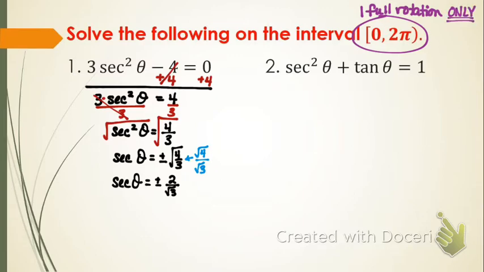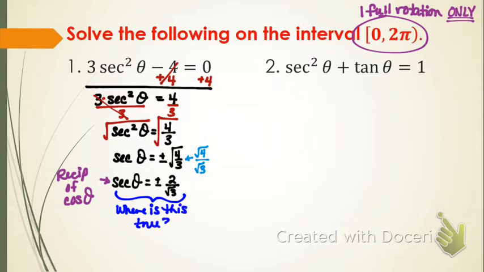So 1 full rotation. And secant is the reciprocal of what? Cosine. Reciprocal of cosine. So where is this true? Where is the secant of theta, positive or negative, 2 over root 3?